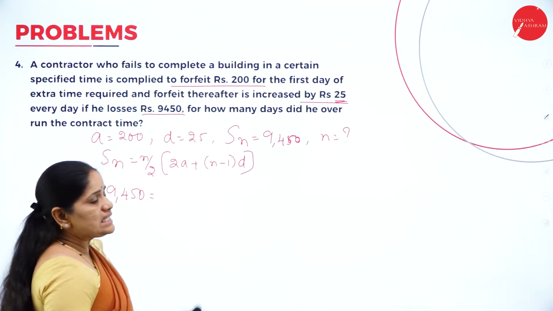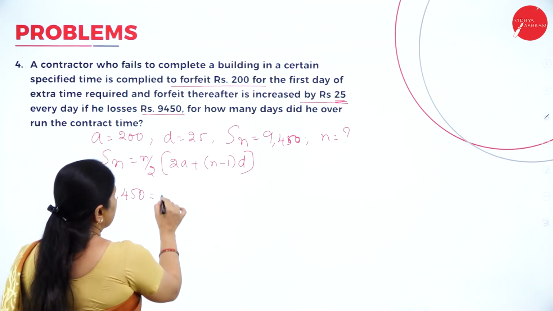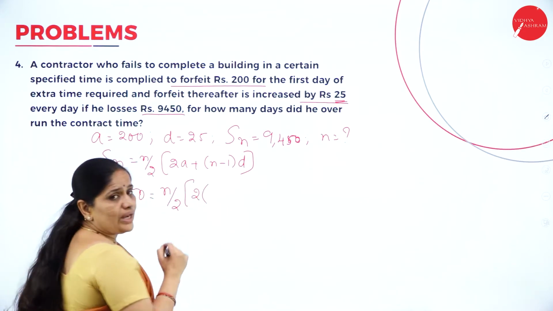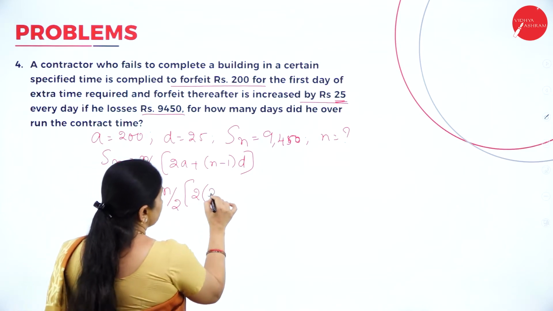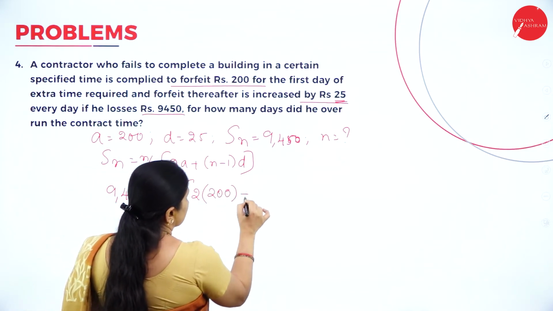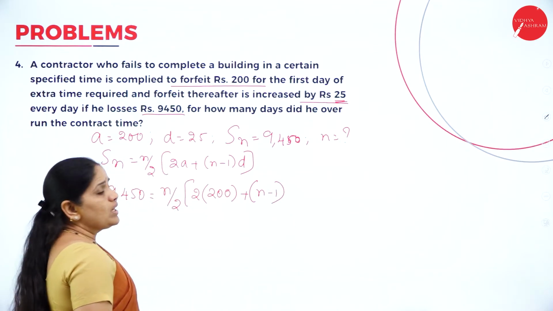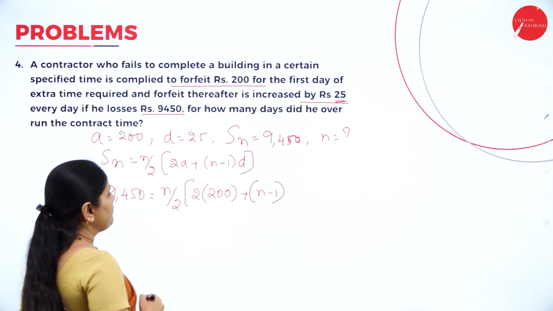9,450 equals N, I don't know. So I write N by 2 into 2 into A. A is 200 plus N minus 1, I don't know N. And what is D here? 25.